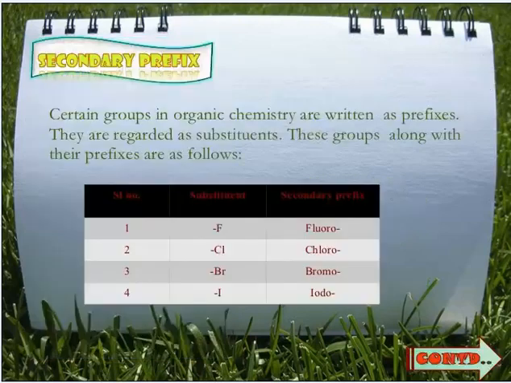Secondary prefix. Certain groups in organic chemistry are written as prefixes. They are regarded as substituents. These groups, along with their prefixes, are as follows. F is fluoro, Cl is chloro, Br is bromo, I is iodo.